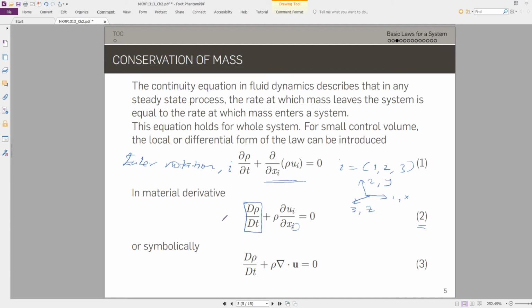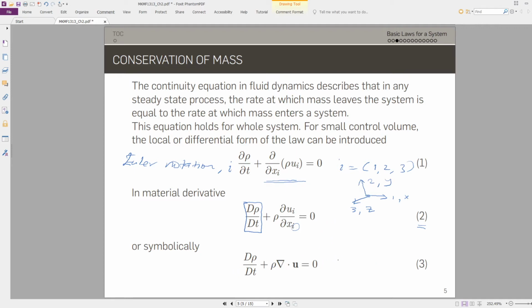So these material derivatives can also be expanded. Actually, this is the short form of the conservation of mass or continuity equation, but this can be expanded so that you can get a full expression of the conservation of mass.